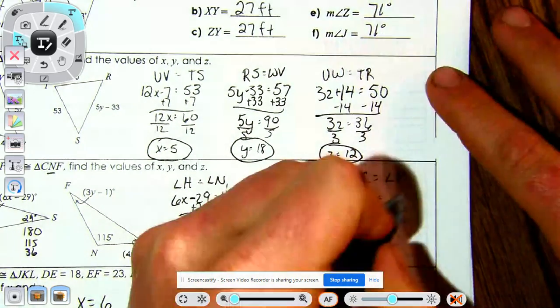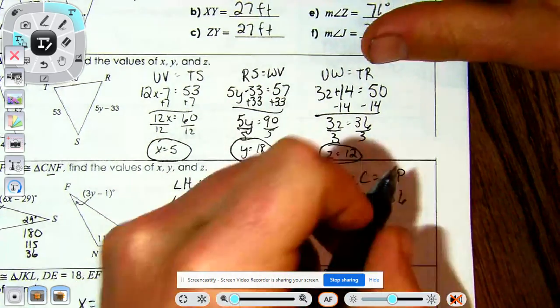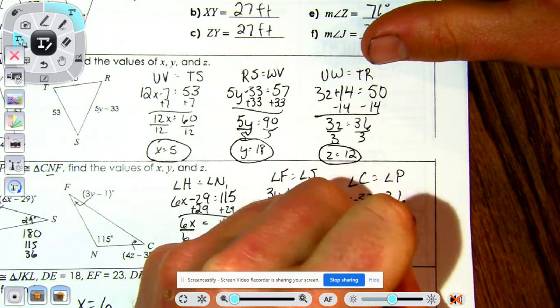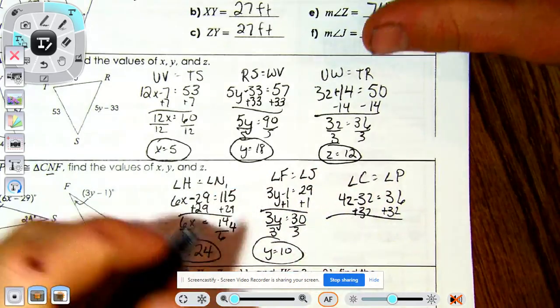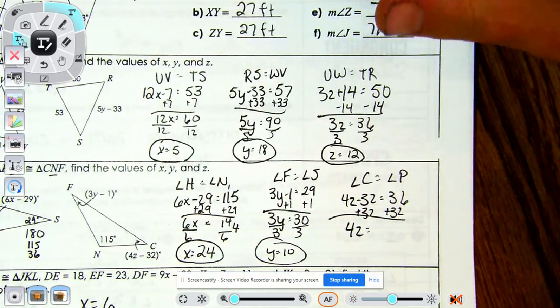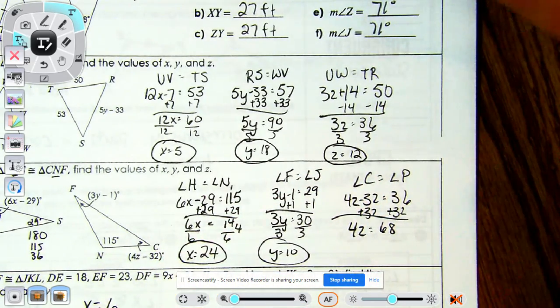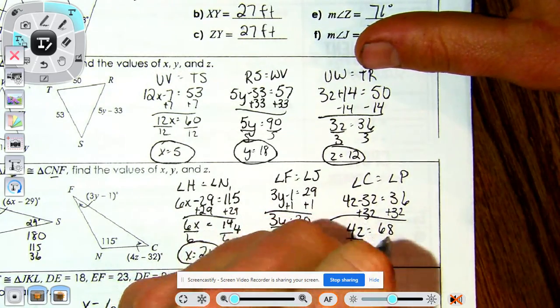Combine like terms. 4Z is equal to 36 plus 32, 68, divided by 4, divided by 4. Z would be equal to 17.